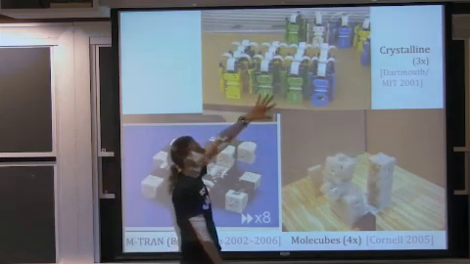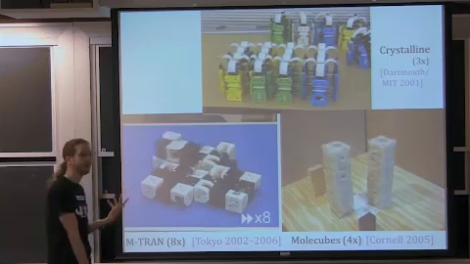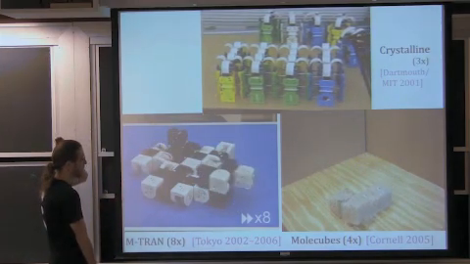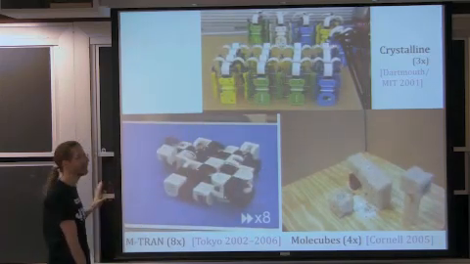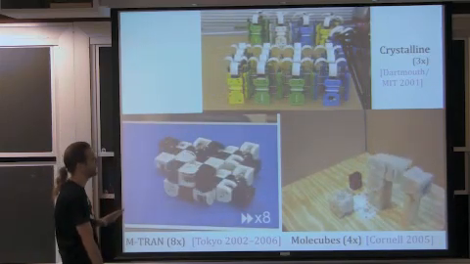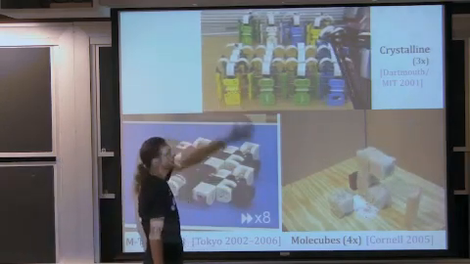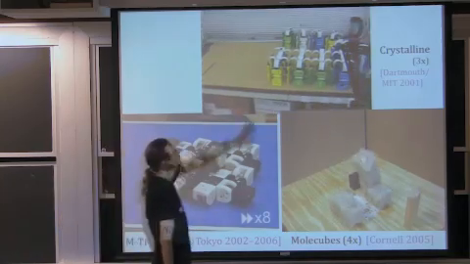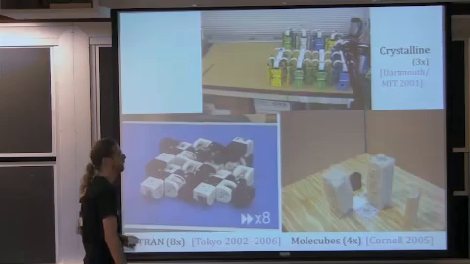Daniela Rus here at MIT built this robot and a bunch of others. There's also a very cool theory about these. I've worked on them. You can prove, for example, that all of these models can simulate each other up to constant factors in scale. So you can take your favorite robot, I don't know, a molecube, and simulate a crystalline robot or vice versa. And then there's efficient algorithms for these crystalline robots. They can just expand and contract and detach and attach.